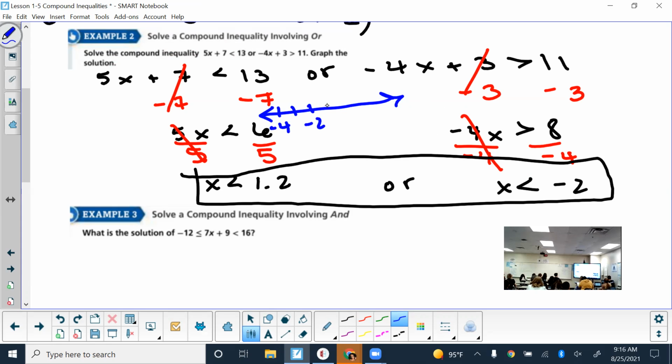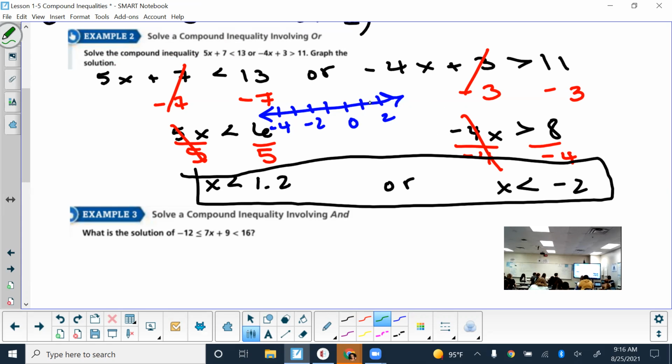So I'm labeling every other one: negative 1, 0, 1, and 2. I have tick marks for each one, I just labeled every other one. Now we need to have circles on these numbers. So put a circle where the 1.2 would be. It should be about here.